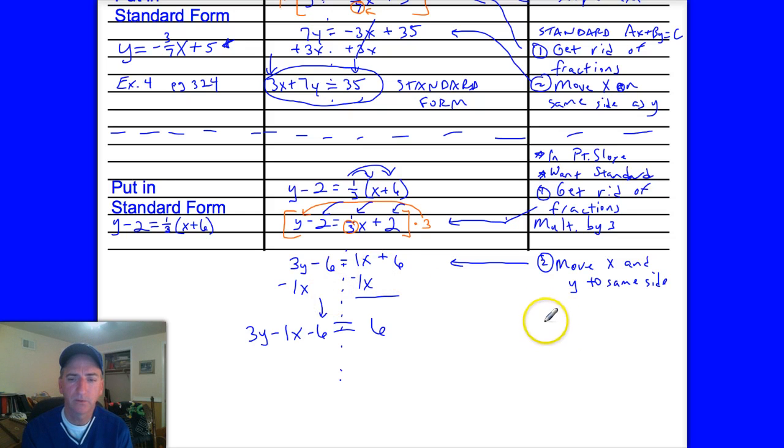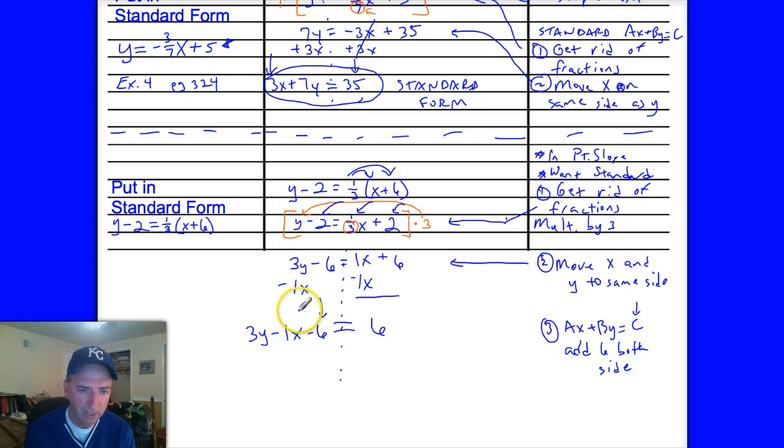Remember, when we had Ax plus By equals C, C means the constant numbers, the numbers without a variable. So we have to move this -6 to the other side. So I'm going to add 6 to both sides, because I'm trying to get rid of this -6.